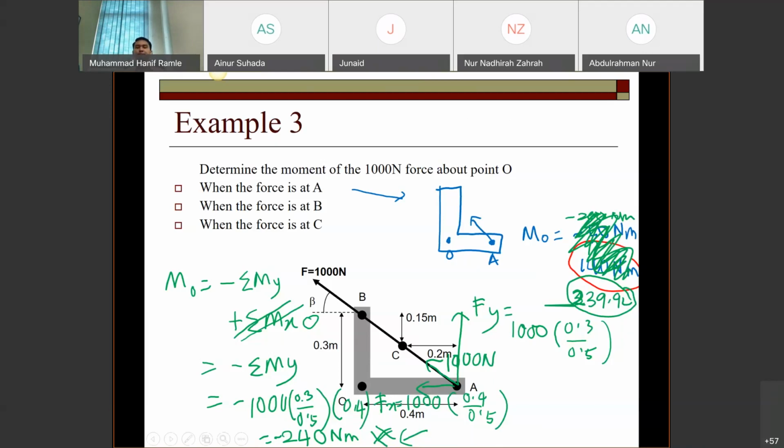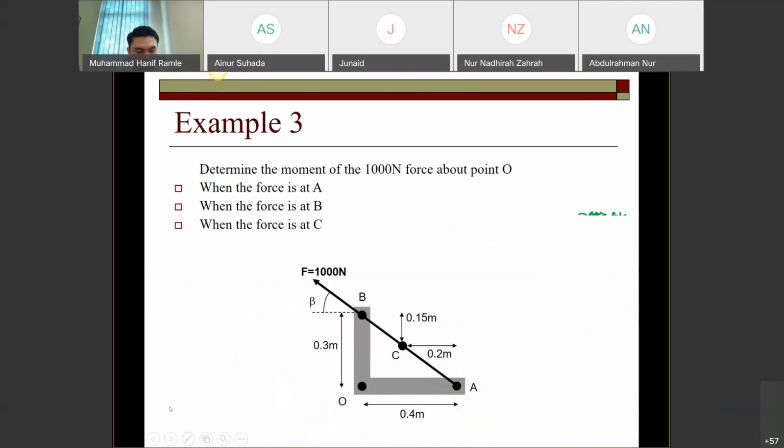Doctor, can I ask why, can you explain again why the Mx is 0? Good question. Let me erase this all. Choose pen, choose color.